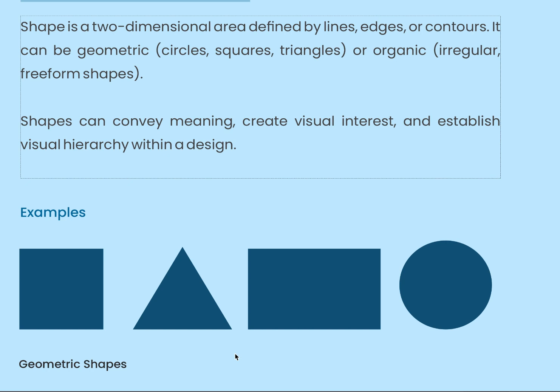Already we've been talking about different meanings in some of the earlier videos, and we are going to still be talking about meaning as we move forward. It's important that elements in your design should convey meaning, not just anything anyhow.